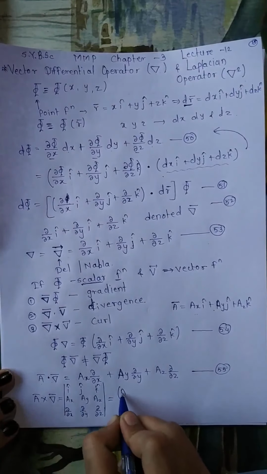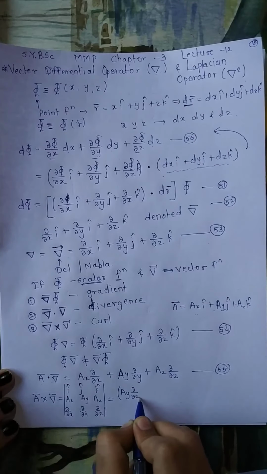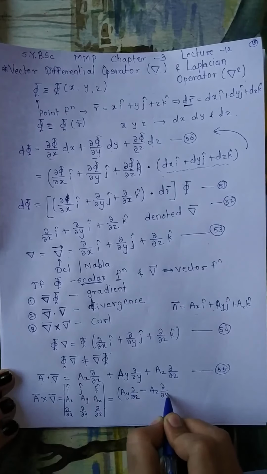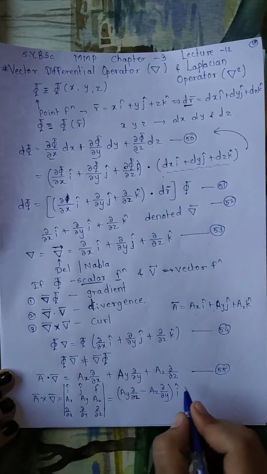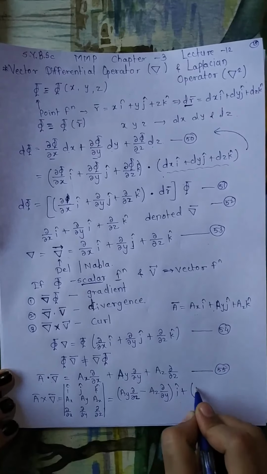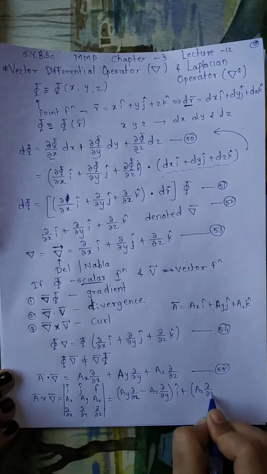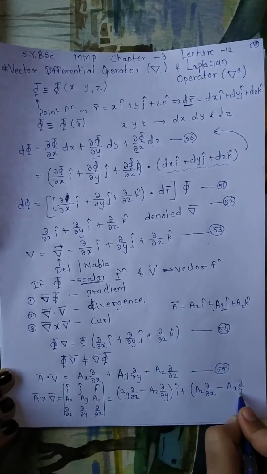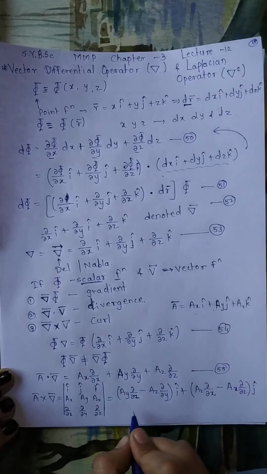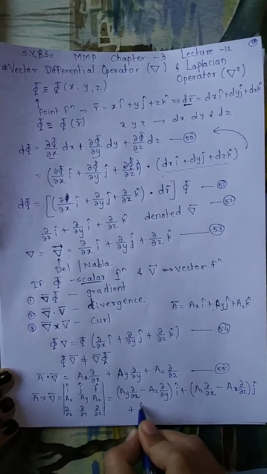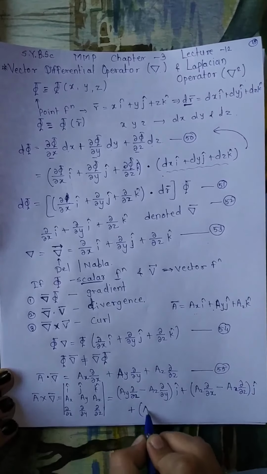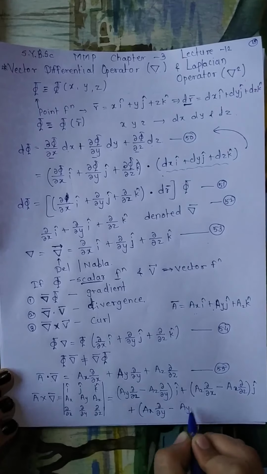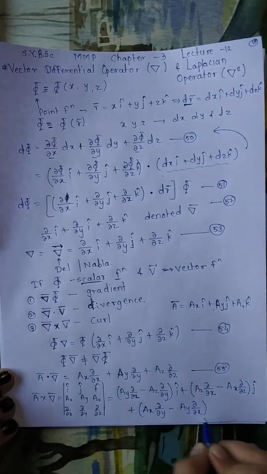It is given by (ay dou by dou z minus az dou by dou y) i cap plus (az dou by dou x minus ax dou by dou z) j cap, and the third term, for k cap, is (ax dou by dou y minus ay dou by dou x) k cap.